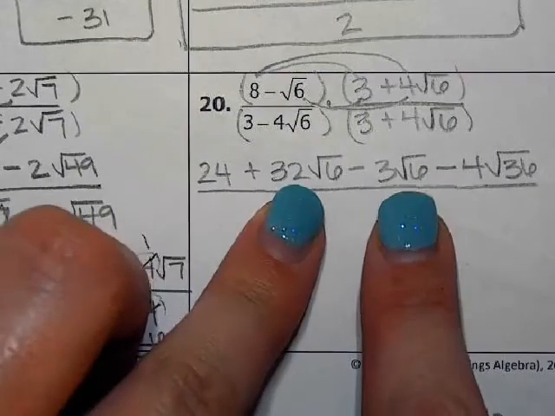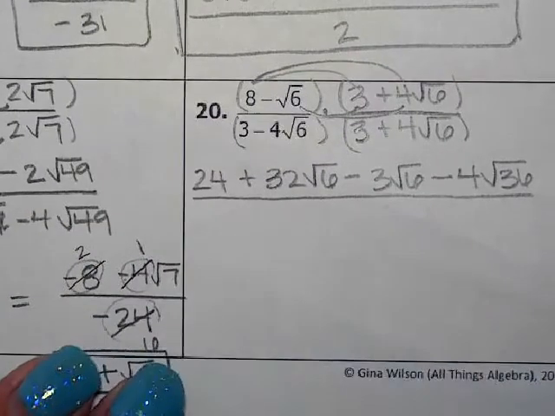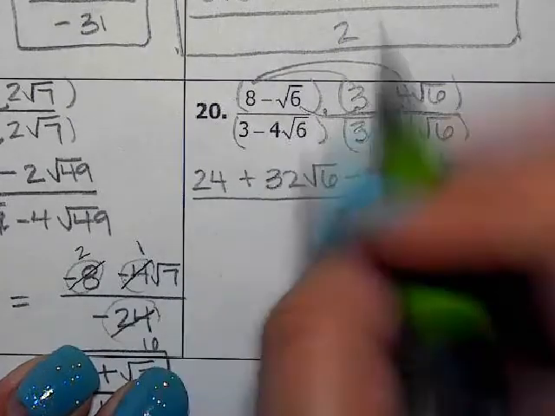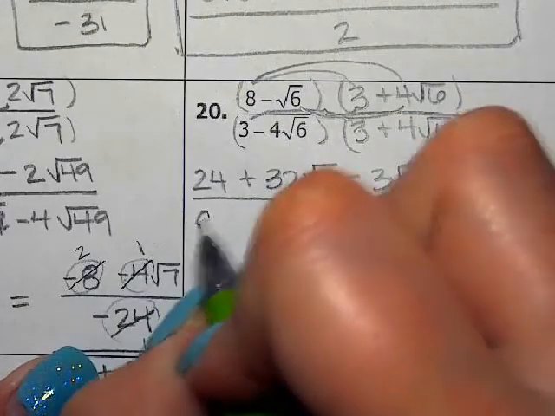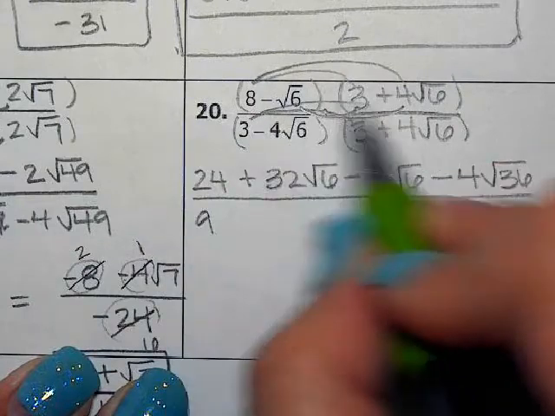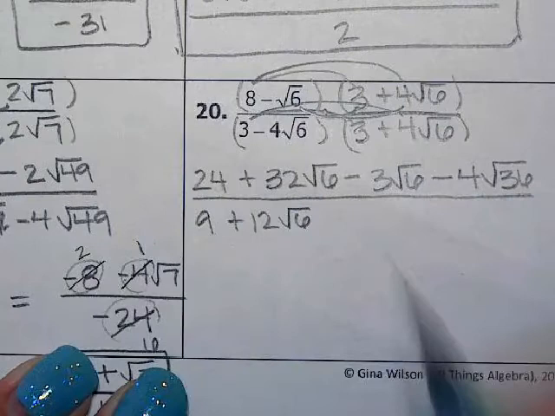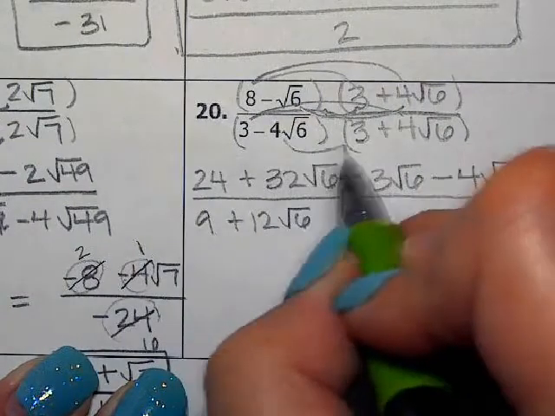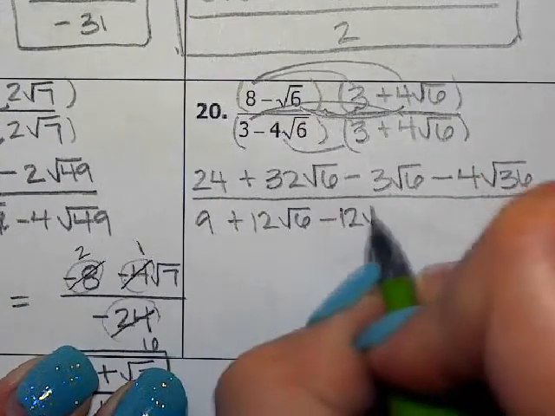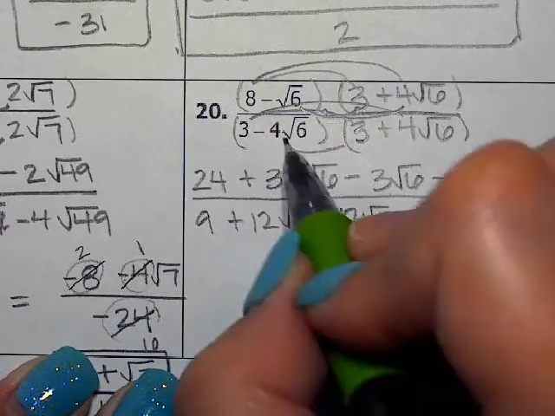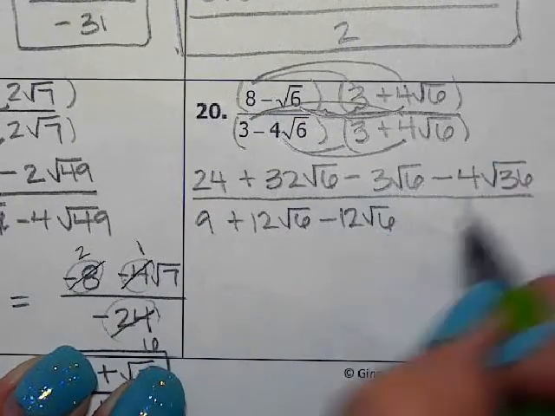Okay. 3 times 3 is 9. Plus 12 root 6. Minus 12 root 6. Minus 16 root 36.